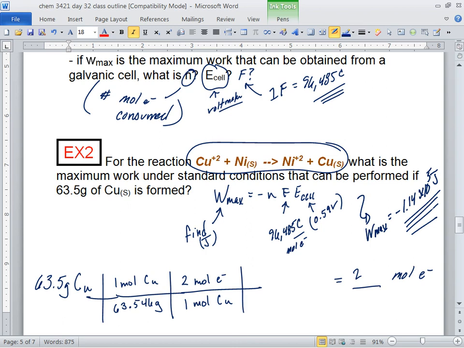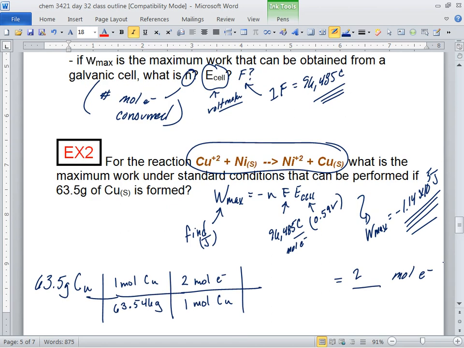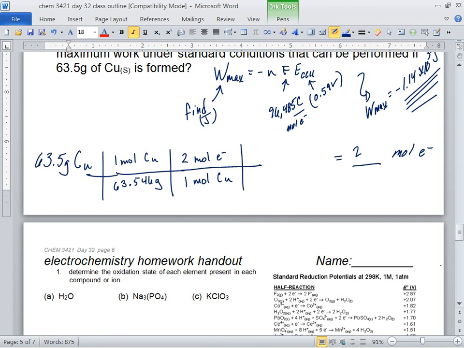Negative just means that the energy was given up, lost. That battery, or whatever is supplying 2 moles of electrons, just lost energy. So that's why it's negative joules. You can erase it if you want, but it's not hurting anything. Okay. Does that make sense? Jackie, are you okay?